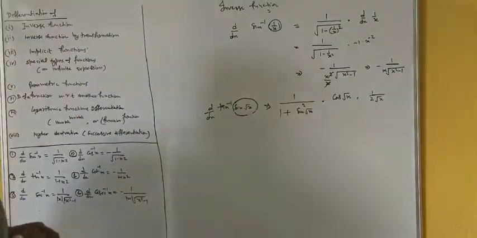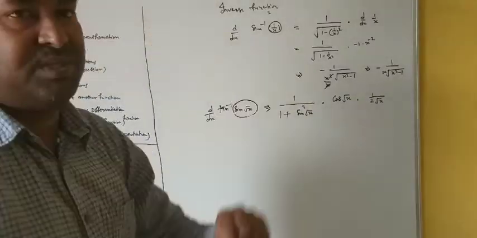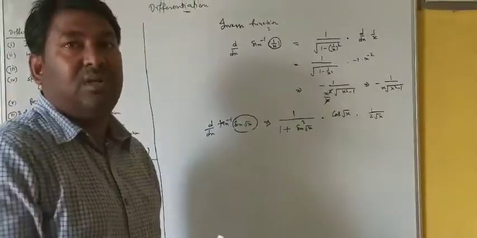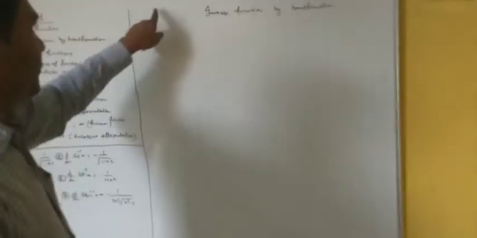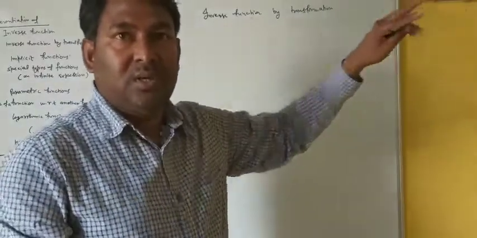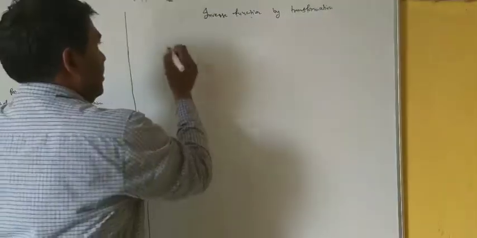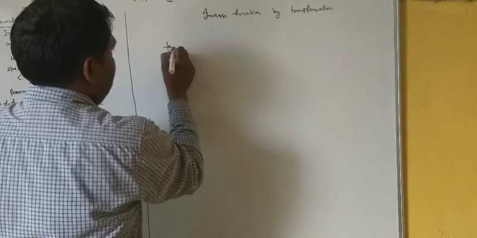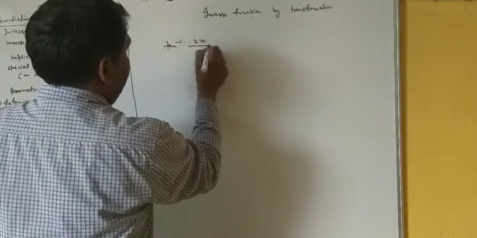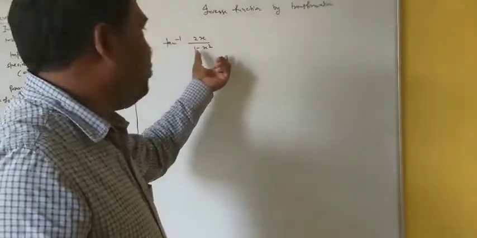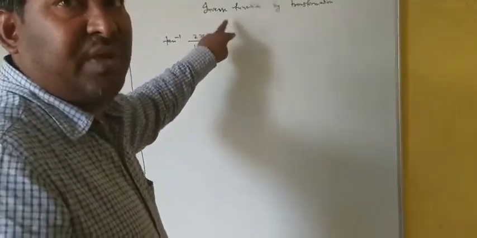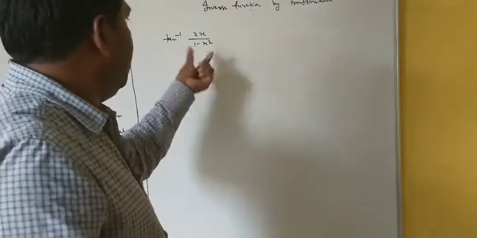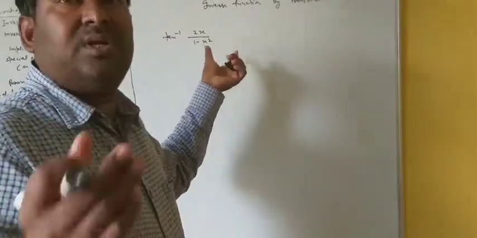Now coming to the next topic, differentiation of an inverse function by transformation. In this situation, suppose you are given a question like tan inverse 2x upon 1 minus x square. Now rather than applying the direct formula of tan inverse x, first of all we can substitute the value of x in such a way that this given function can be reduced.